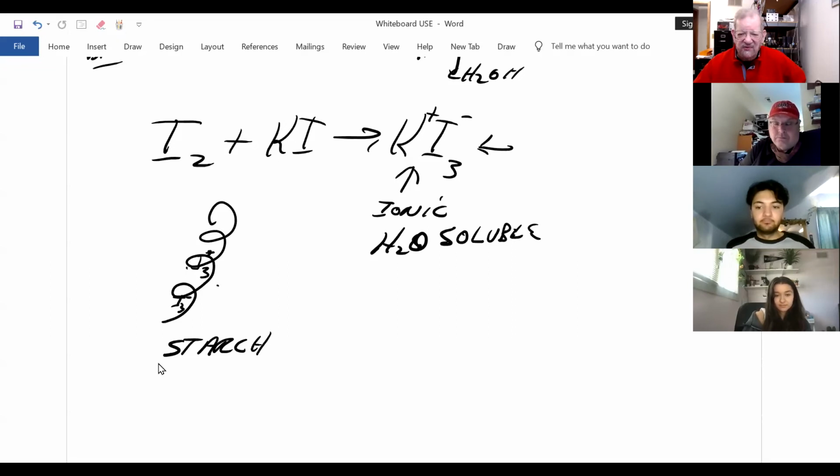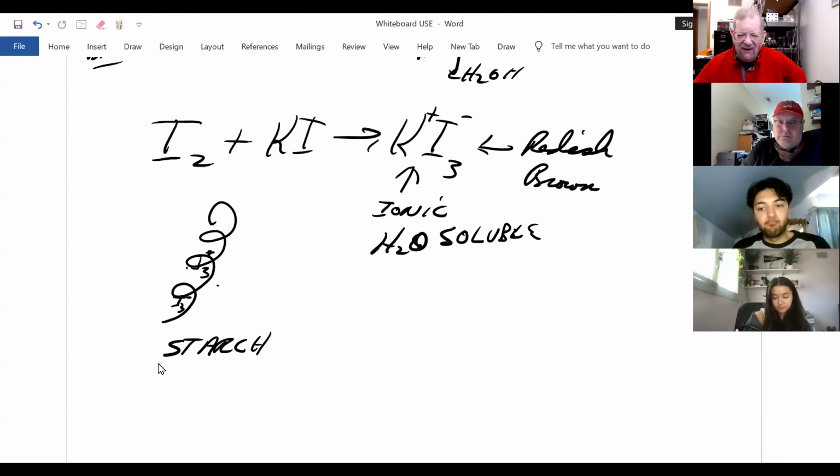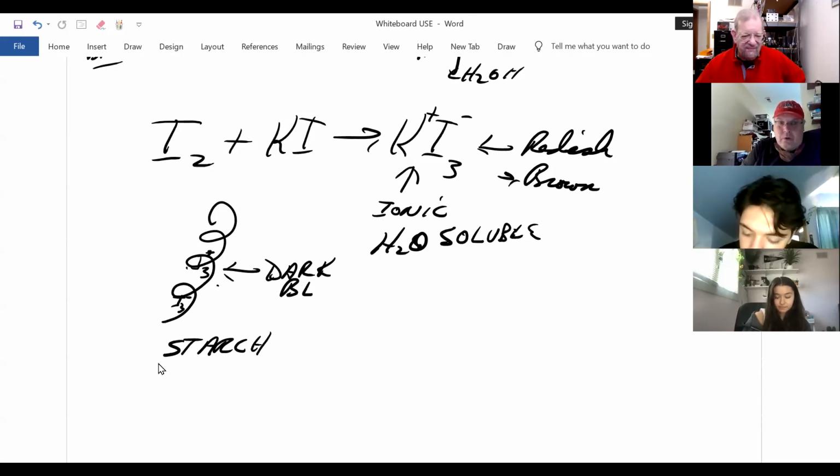This is a reddish brown. I think iodine is more purple. I take that back. But this is a reddish brown, almost more brown. And inside, this also turns dark blue. And it looks almost black. It's that dark blue.